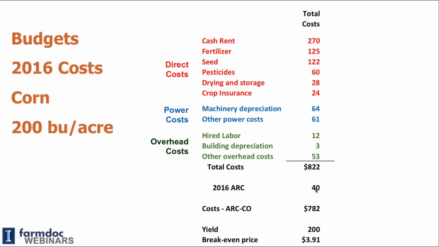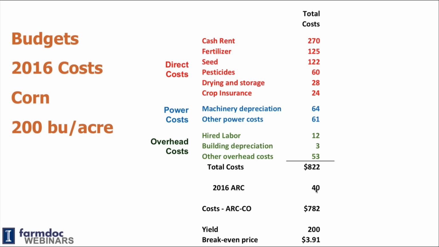So the 2015 ARC payments, which again will be received sometime around October of this year, are going to be larger than that $40 number Gary has in the 2016 budget. That's representing the 2016 crop year ARC payment estimate, a rough estimate right now, which, like Gary said, won't be received until harvest of 2017. So we're just putting this in a budget.